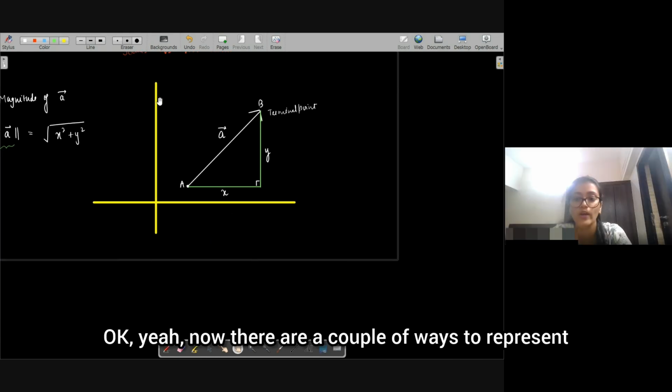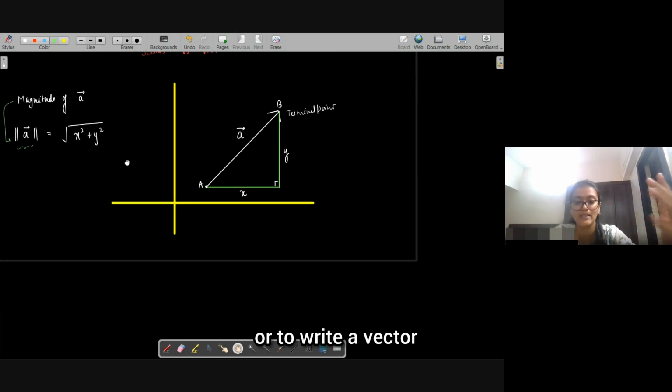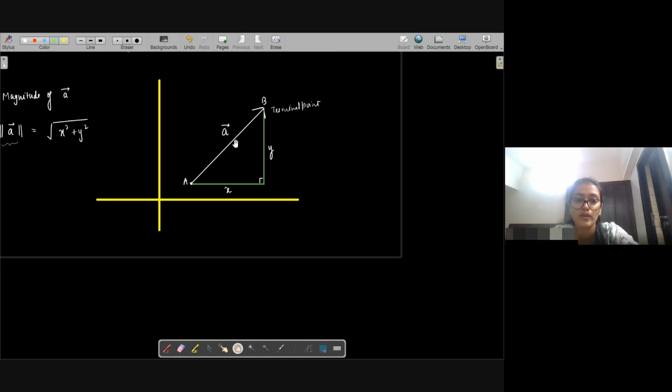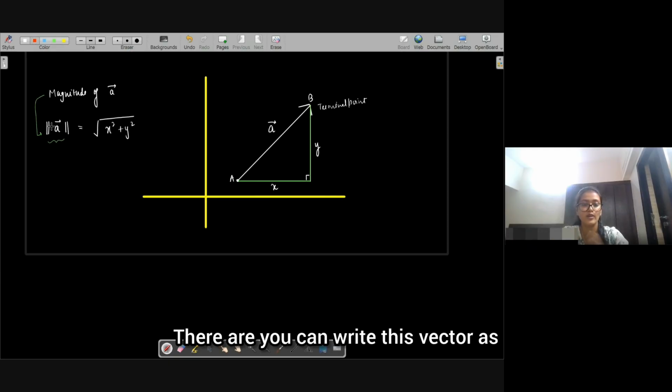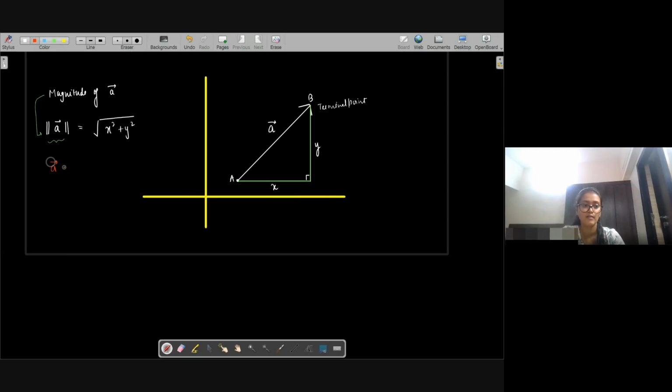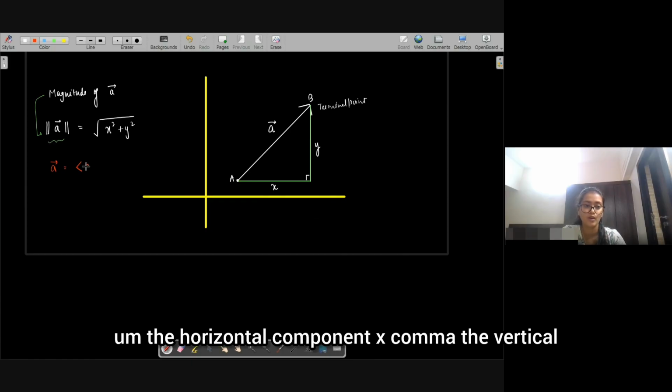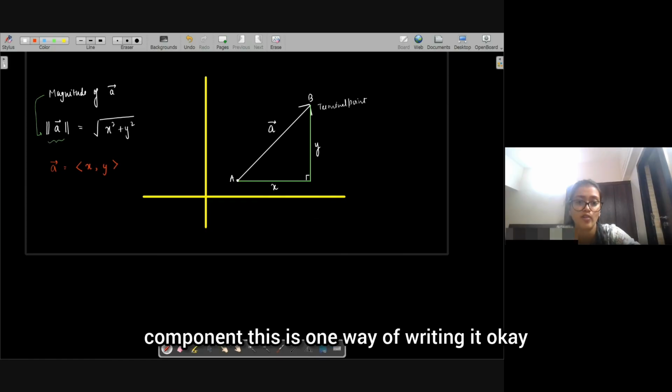Now there are a couple of ways to write a vector. If you have this vector, you can write it as the horizontal component x, comma, the vertical component. This is one way of writing it.